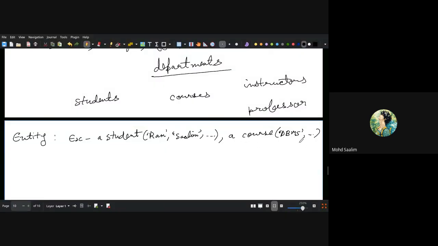But a course, in the same way, an instructor, for example, Manideepa ma'am. So according to the terms that you are familiar with, an instance is an entity. Simple. An instance is an entity. Got it?